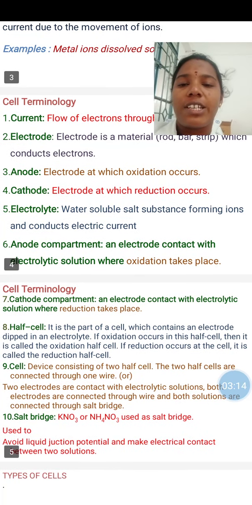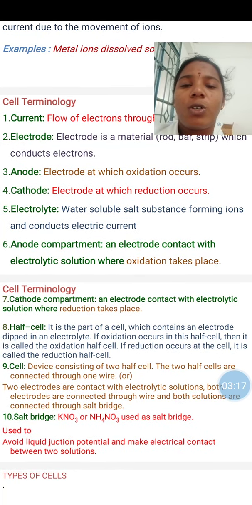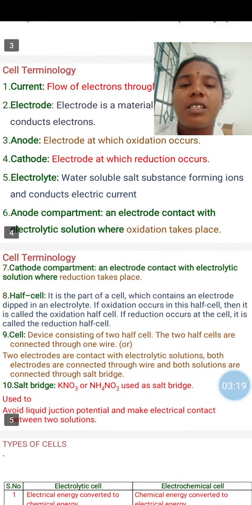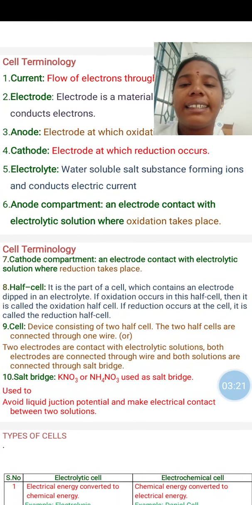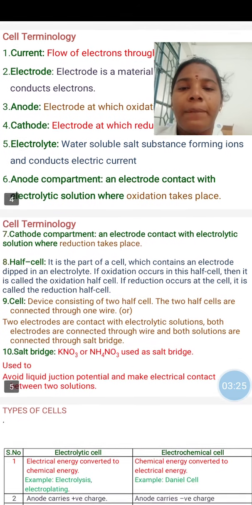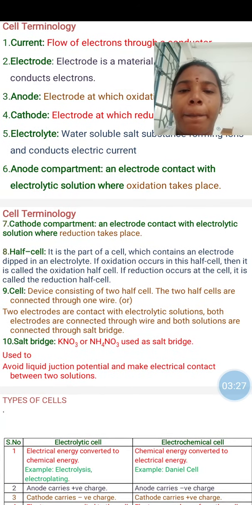Then electrolyte: water soluble salt substances forming ions and conducting the electric current. Anode compartment is the electrode in contact with electrolytic solution where the oxidation reaction takes place. Cathode compartment is the electrode in contact with the electrolytic solution where reduction reaction takes place.